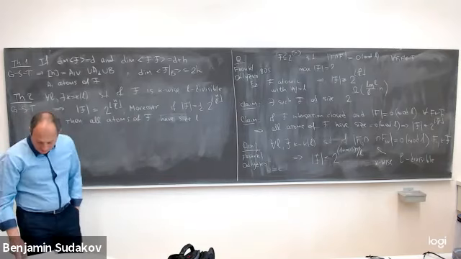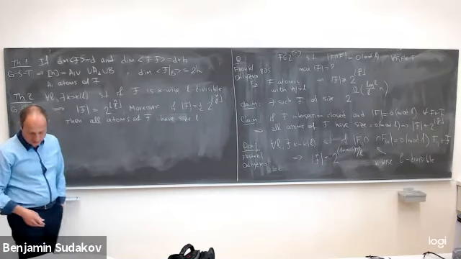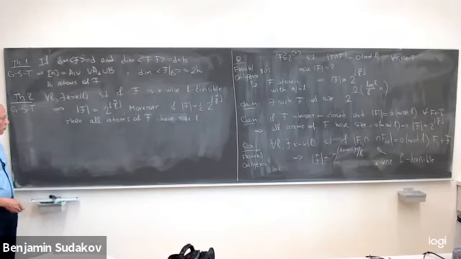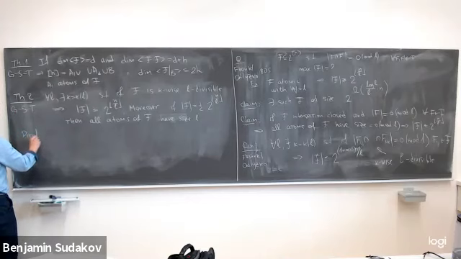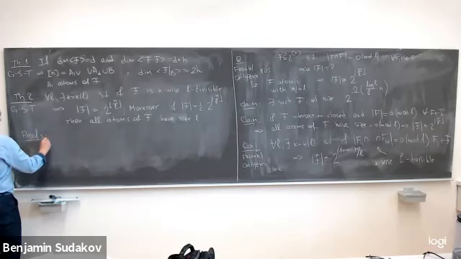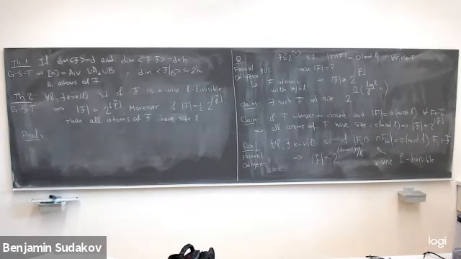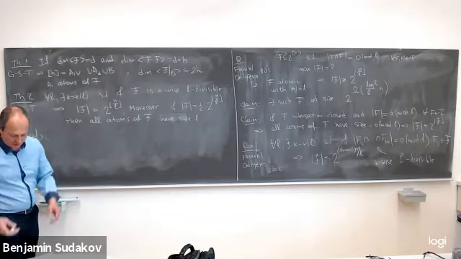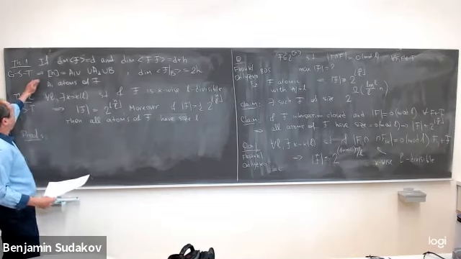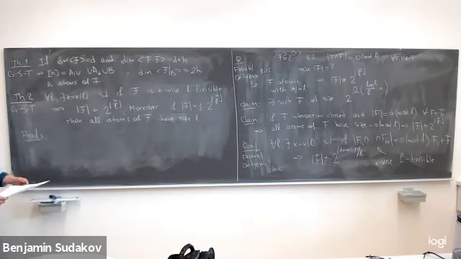So let me give some proofs. Let me, for example, show you how theorem 2 will follow from theorem 1. It will give you some ideas of why this is the right statement to prove here.